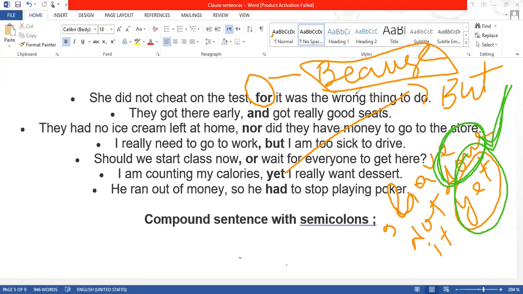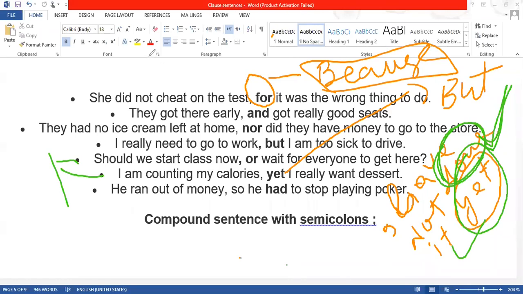For example, yet in I have not done it yet is an adverb, while in I'm counting my calories, yet I really want dessert, that is a coordinating conjunction. Is it clear?